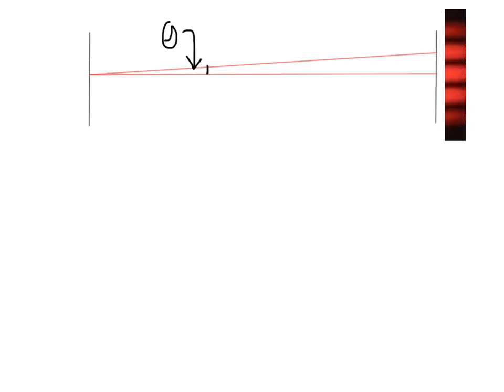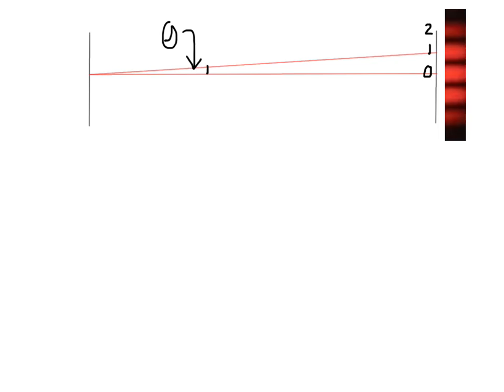If we construct some lines, one line to the middle fringe and one line to the next bright fringe out, then there's an angle between them, and we call that theta. The first fringe in the middle is called the 0th order fringe, so put a 0 there. The next one is called the first order fringe, the second order fringe, and so on.